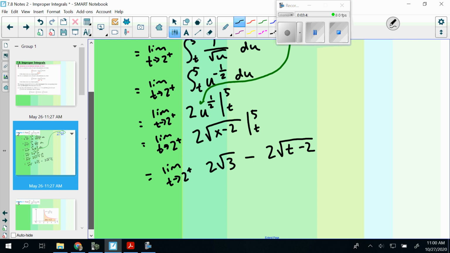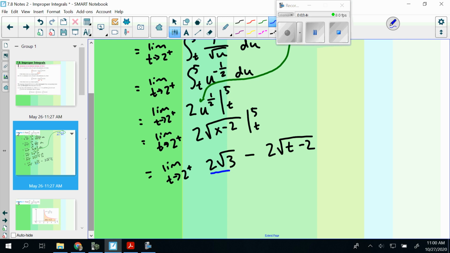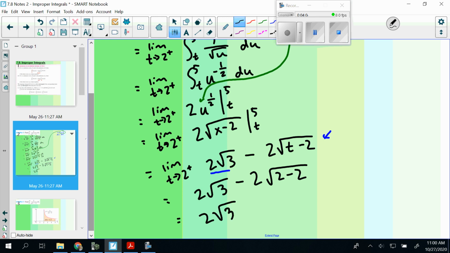So when we take this limit, this is just a constant, so that's going to be there. We have to figure out what this one is going to be as we approach 2. Well, as we approach 2, we're getting 2 minus 2, which is 0, times 2 is 0. So it looks like our answer comes out to be 2 square roots of 3.